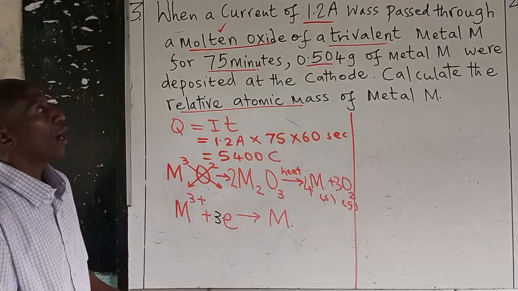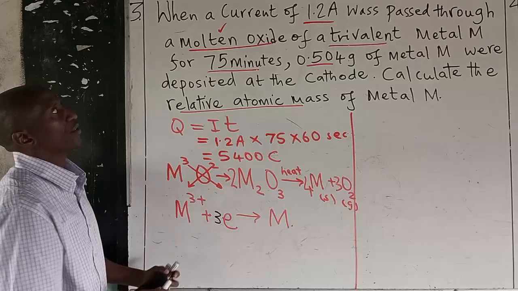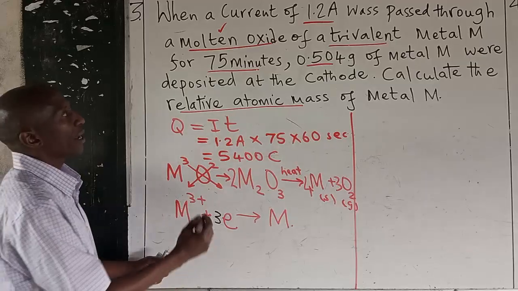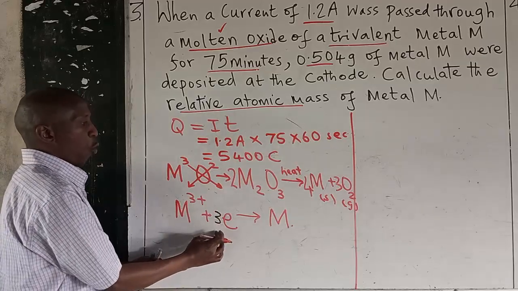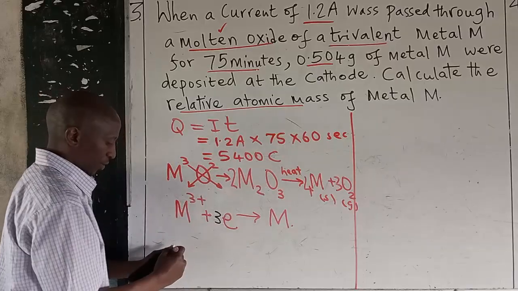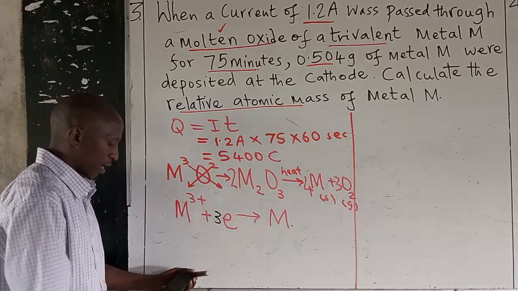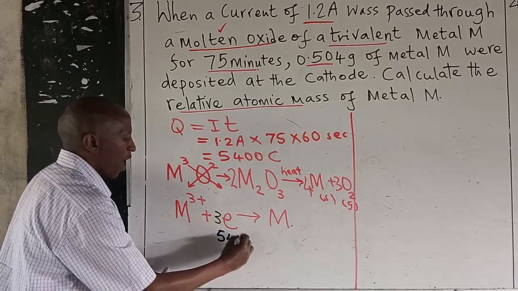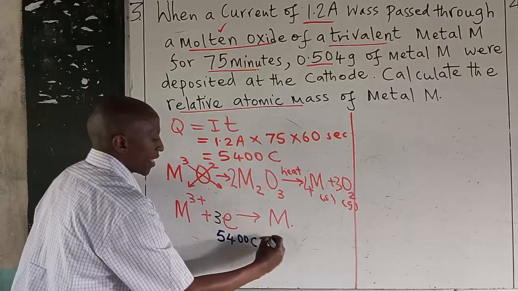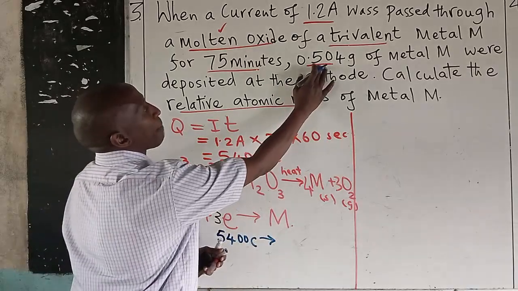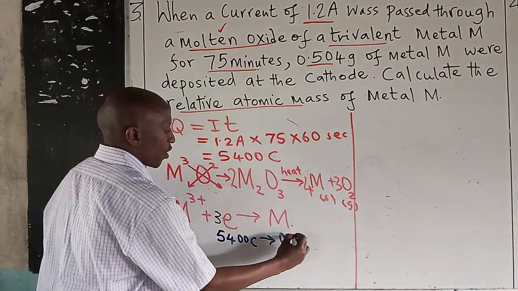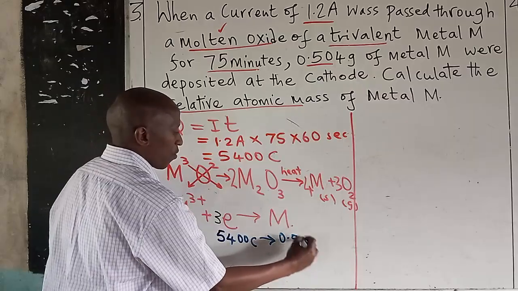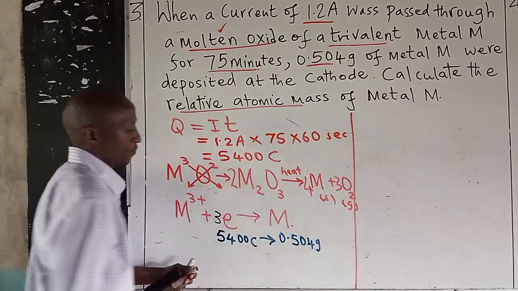Now, let's look at the values. The values are that when this quantity of charge, which we are given as 5,400 coulombs, was passed, they deposited this mass, 0.54 grams.